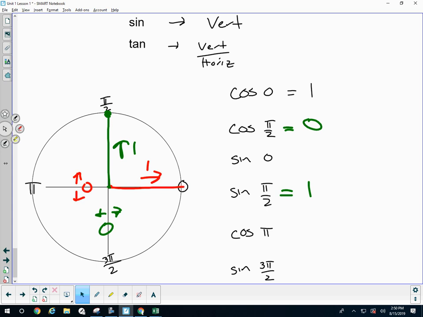Nope. Think about it. How do you get to pi?